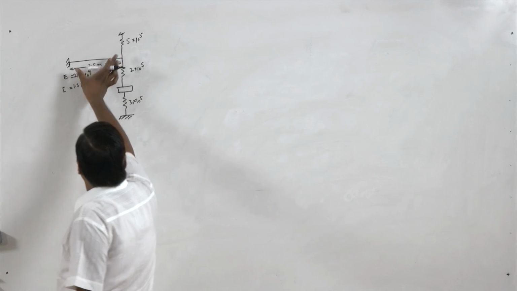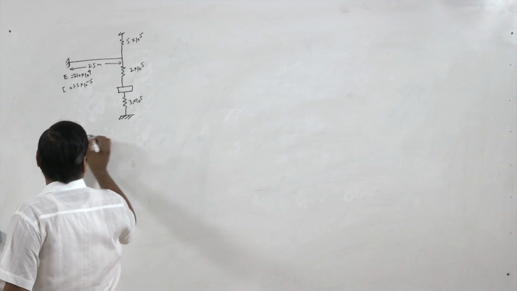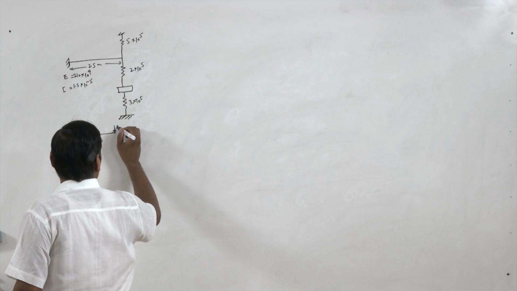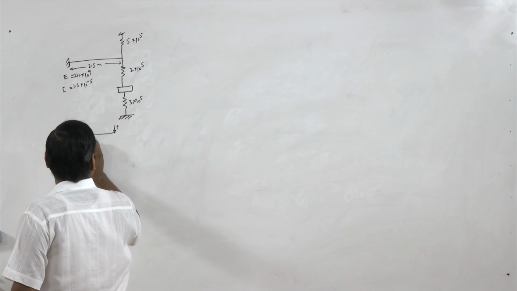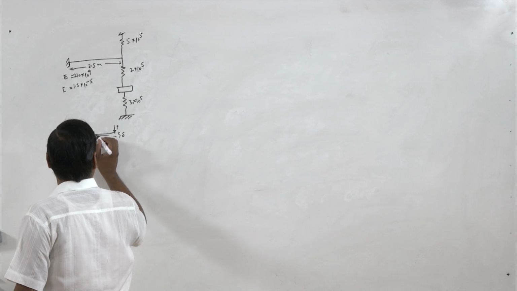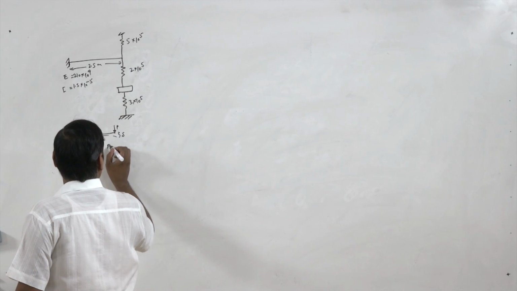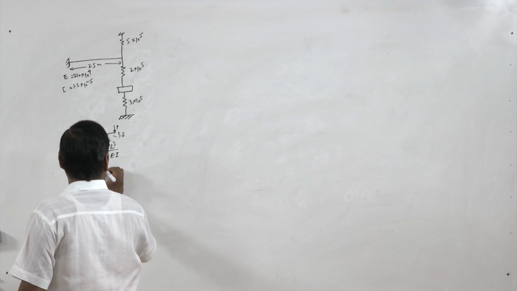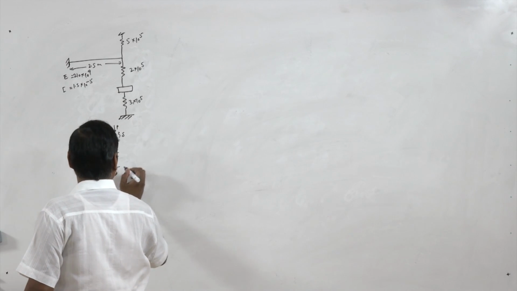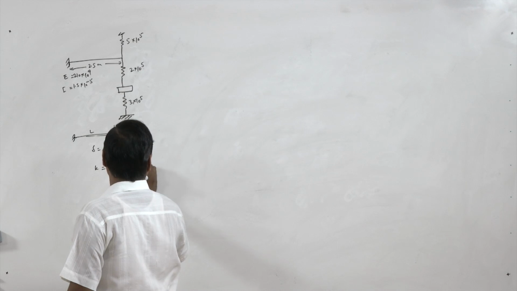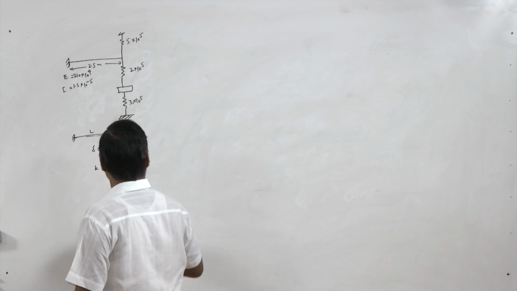So for a fixed free beam, we know that if we have some force P here, and this is the deflection, this is length L, EI, so delta equals PL cube upon 3EI. So the stiffness K equals P by delta equals 3EI by L cube.